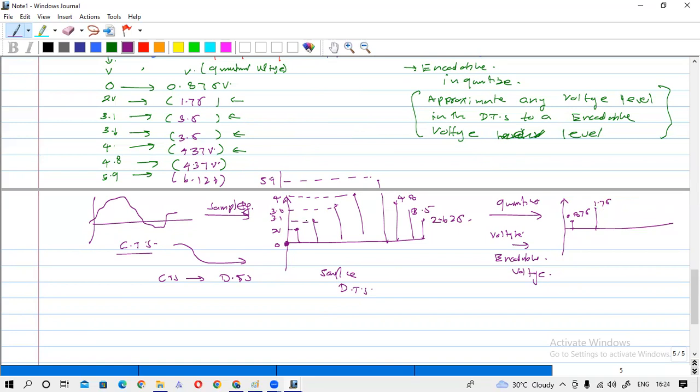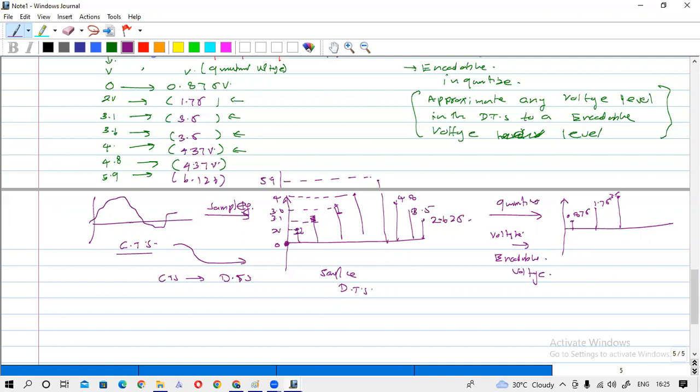And this 3.1 you have to convert to 3.5. So you can see that this is quantized. We have reduced the voltage level. For this one we have increased the voltage level, and again this one we have reduced. Likewise you can increase and reduce the voltage level of the sampled signal to get the encodable voltage value. So that will be the quantized signal.